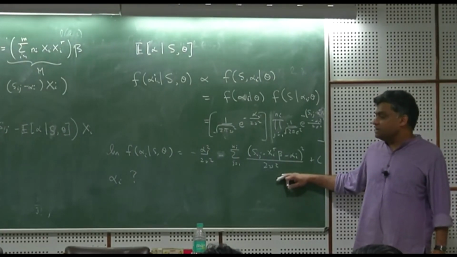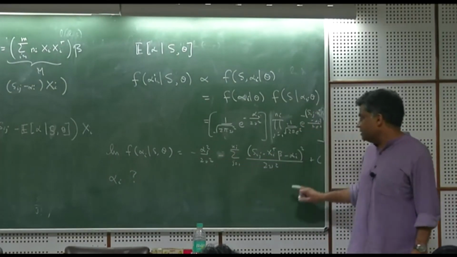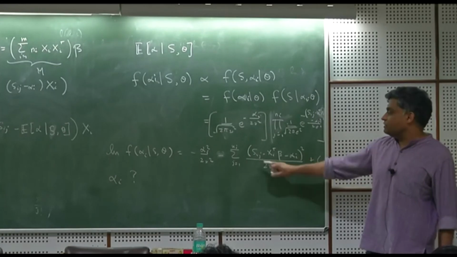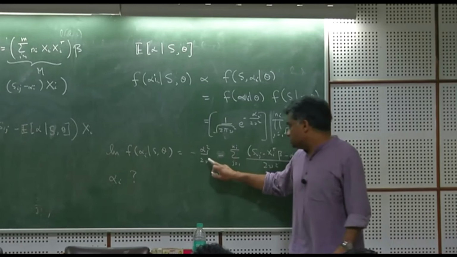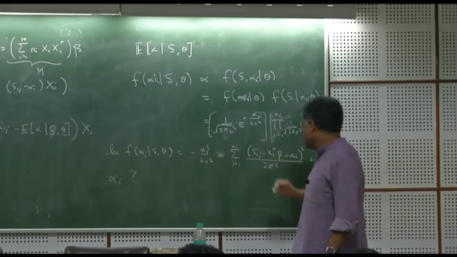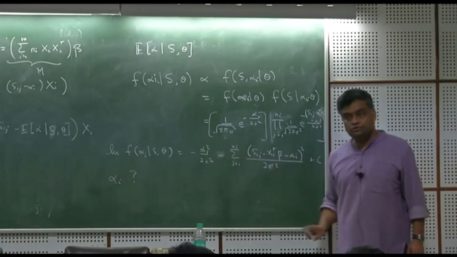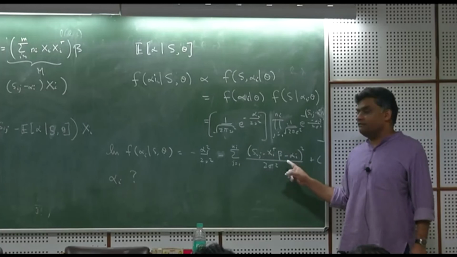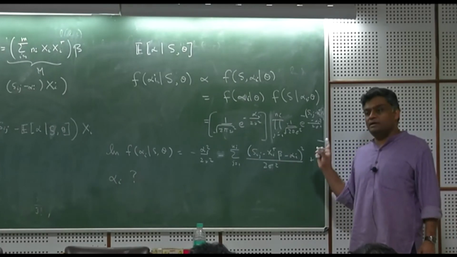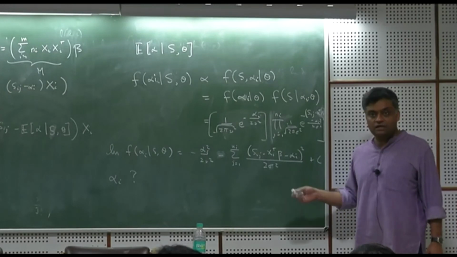The power of alpha squared will be minus 1 over 2 nu squared here, and from here it will be ni over 2 sigma squared, with a negative sign in front. So the coefficient of alpha squared will be negative. I don't really care about the linear term and the constant term. That looks Gaussian. That's really a Gaussian distribution.